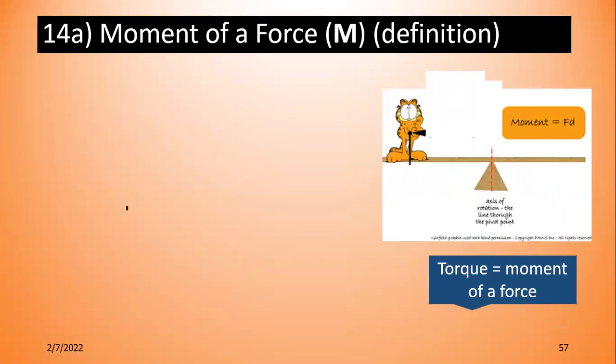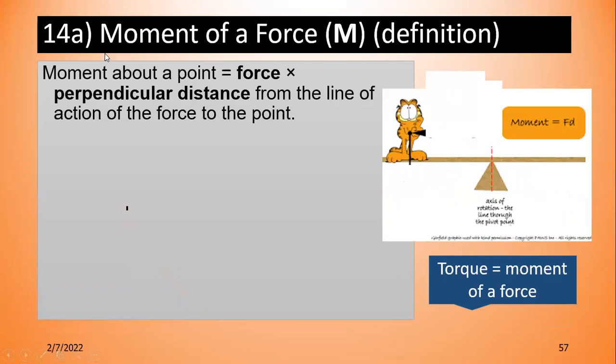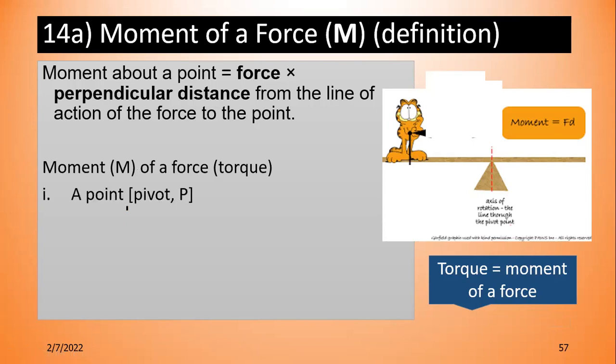Okay, so let's define a torque or moment of force. The moment about a point is the force times the perpendicular distance from the line of action of the force. There are 4 things you need to remember. A point, where we take the moment about P. The force itself, which is the weight of Garfield.